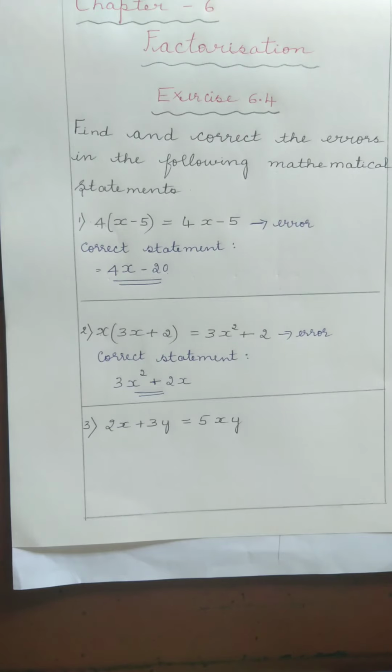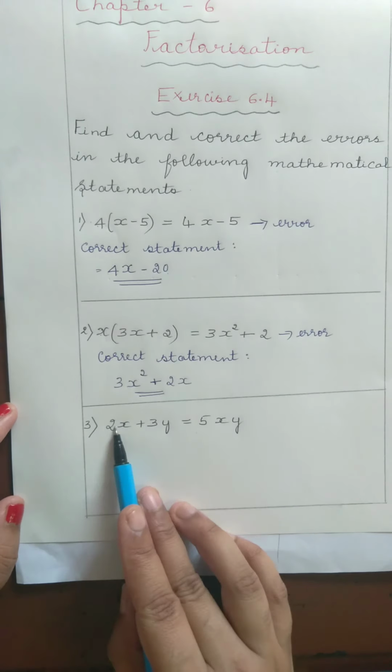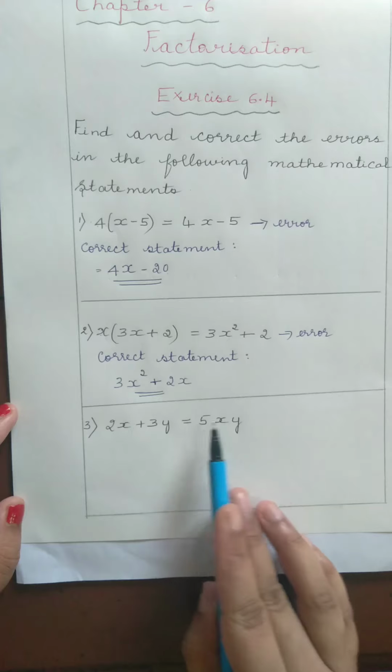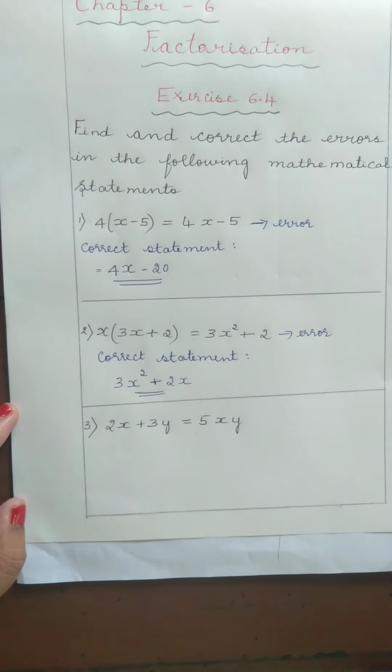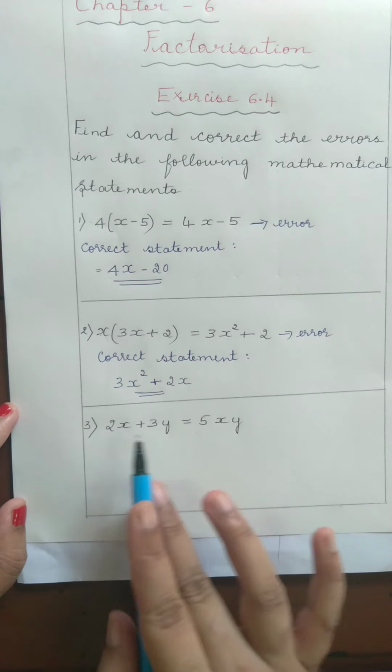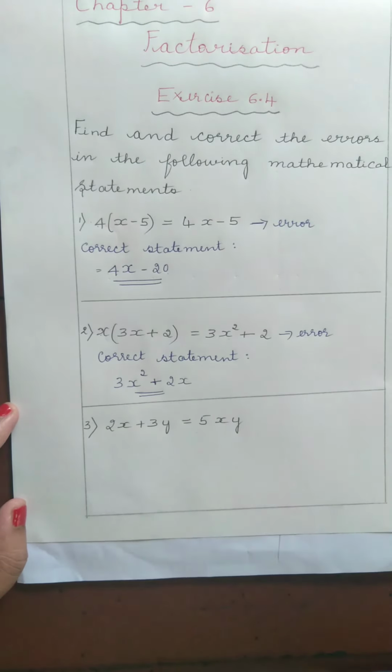Look into the third question in which we have 2x plus 3y is equal to 5xy. See, you can add two terms when you have the same variables. For example, if the problem had been 2x plus 3x, we can add and we will get the answer as 5x.